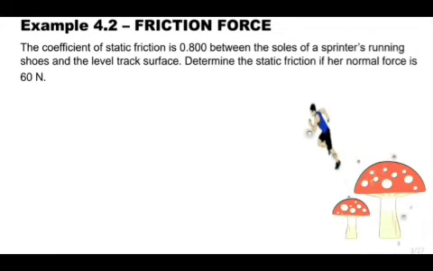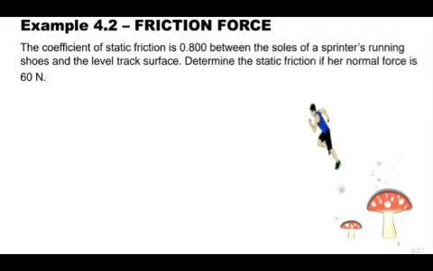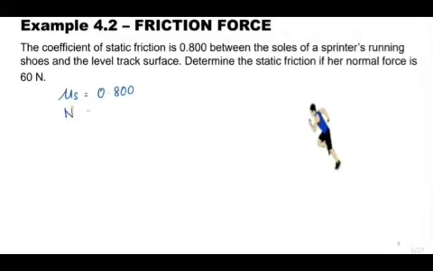Example 4.2 Friction force. The coefficient of static friction is 0.800 between the soles of a sprinter's running shoes and the level track surface. Determine the static friction if her normal force is 60 Newton. From the question, we have information of coefficient of static friction equal to 0.800 and normal force equal to 60 Newton.